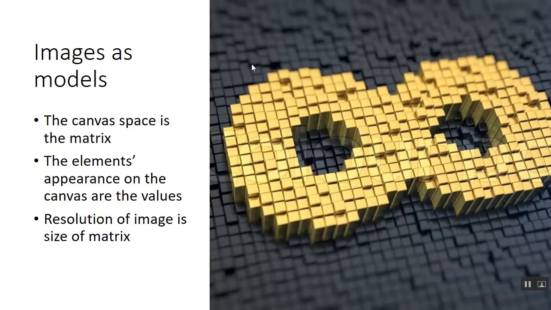So the canvas space itself is kind of like the matrix. The element's appearance on the canvas is the value. So here it shows how these golden rectangular cubes come up out of the background, and so they're shown at a different level. And that's a really good analogy because we can think of an image as a rectangular array of values.